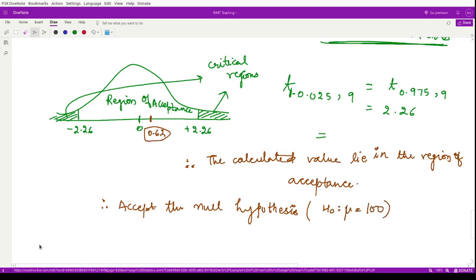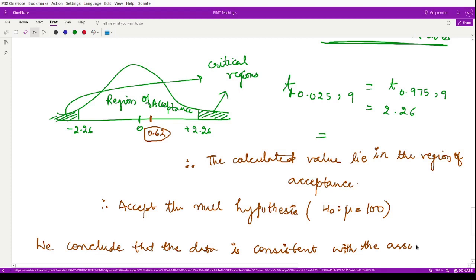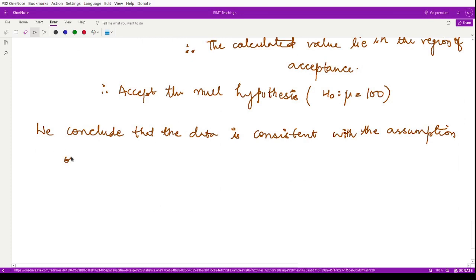So we conclude that the data is consistent with the assumption of a mean IQ of 100 in the population. Right. So this is our conclusion.